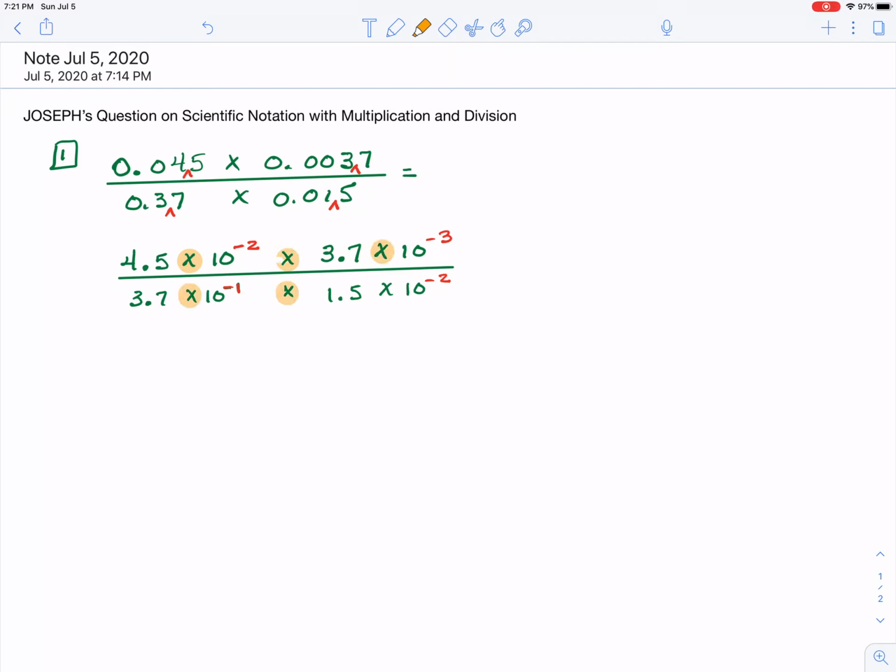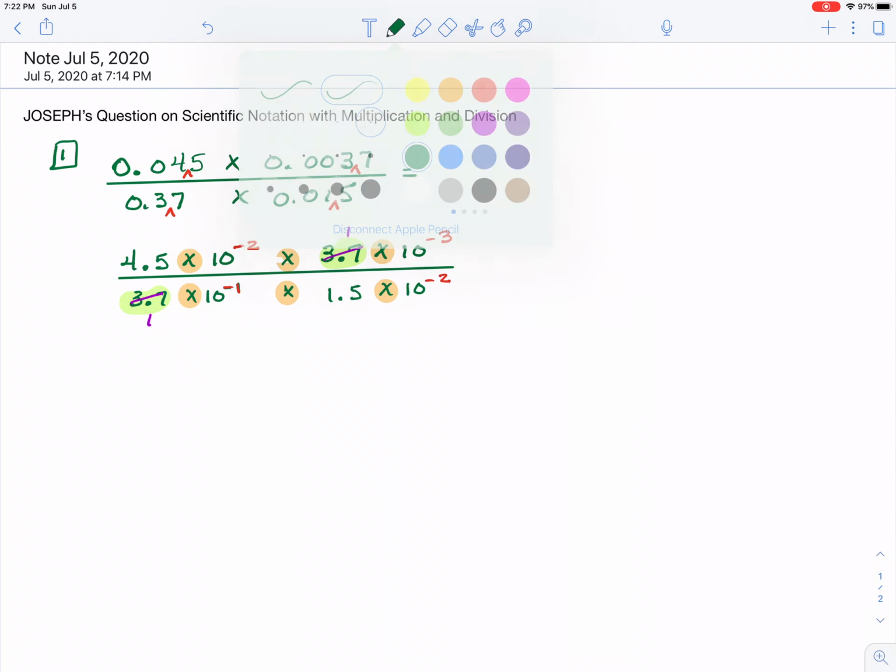So each of these individual pieces is a factor, and a factor can be canceled out, divided out. So I'm noticing this 3.7 here, matching the 3.7 down there on the bottom. So I'm going to go ahead and get that out of there, which makes my work a lot easier, I think.